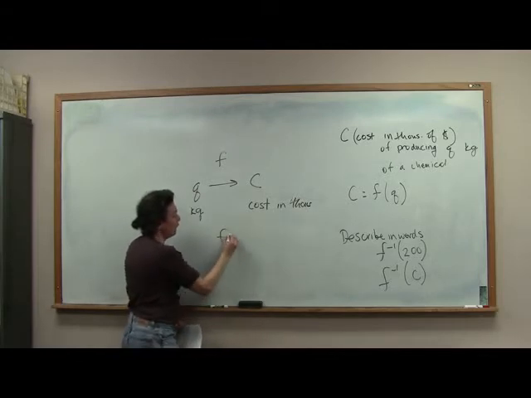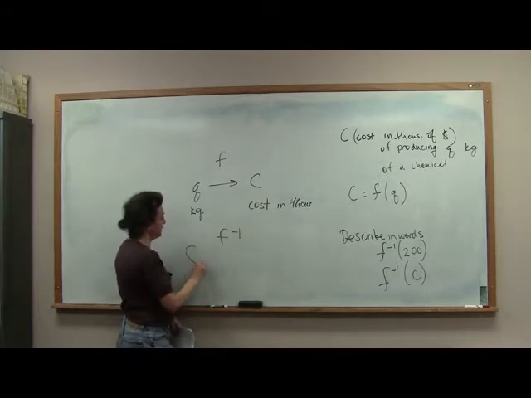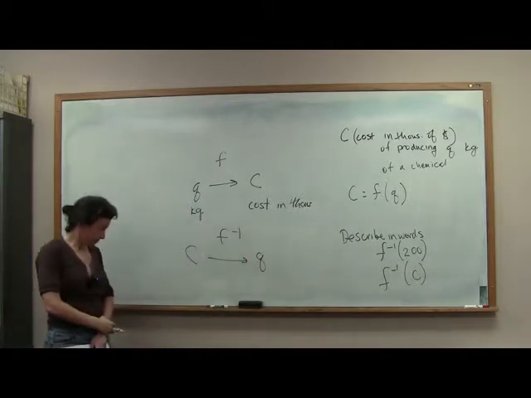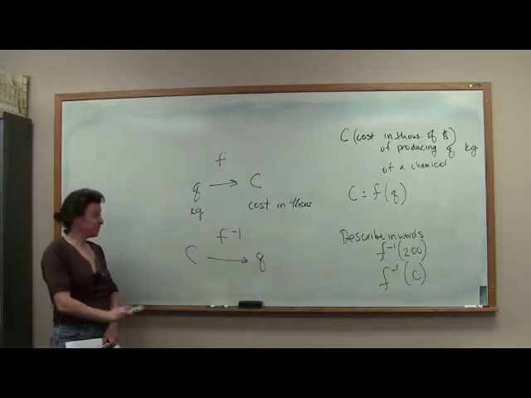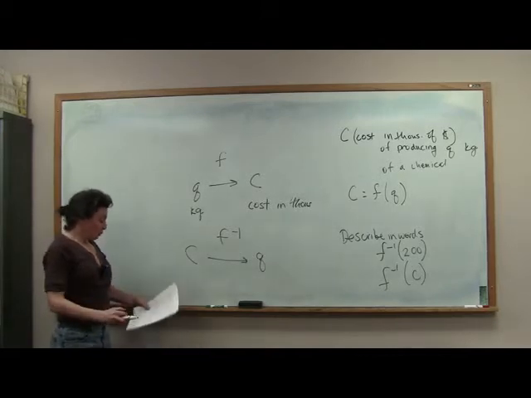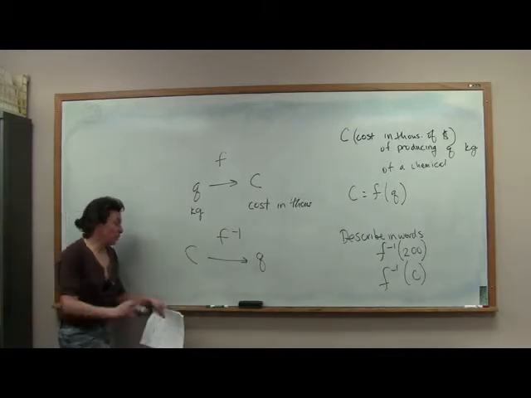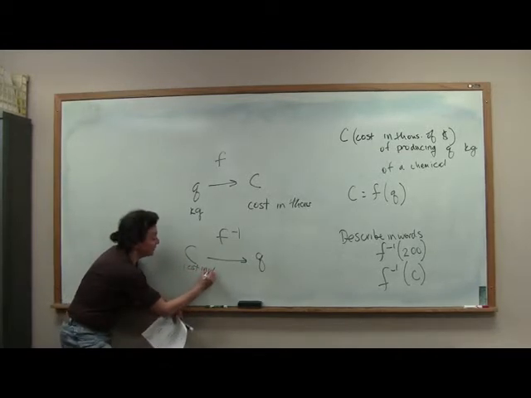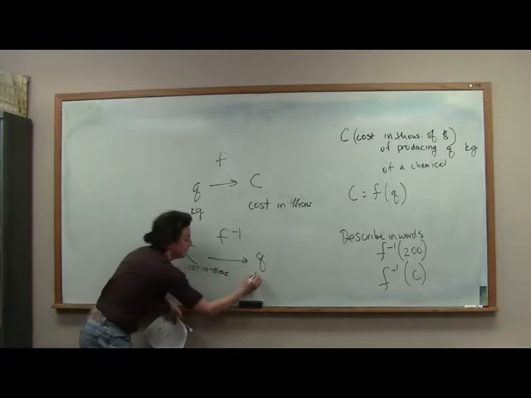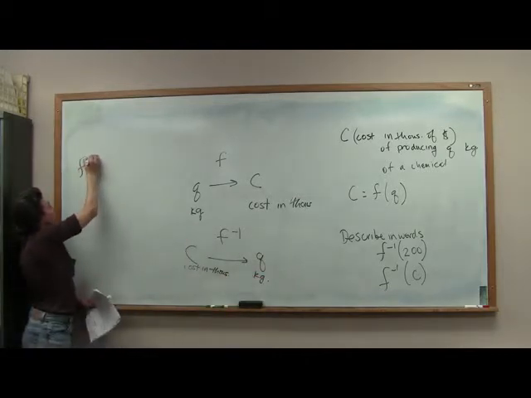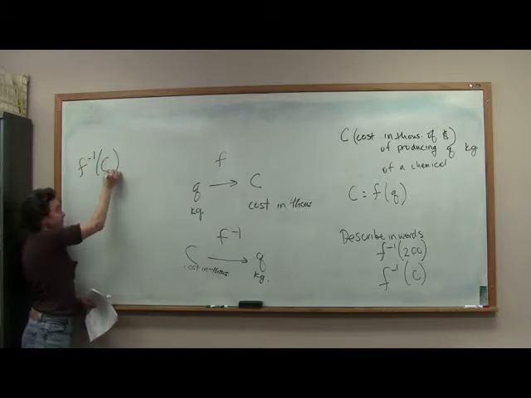So won't my inverse take C back to Q? Yes. Remember, they switch. So it doesn't really matter which order we do, but notice this is the cost in thousands and it's in kilograms. I'm going to do my general one first.